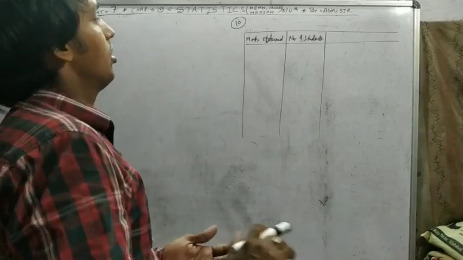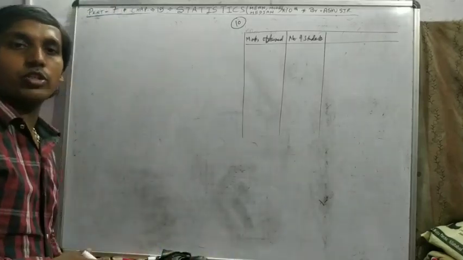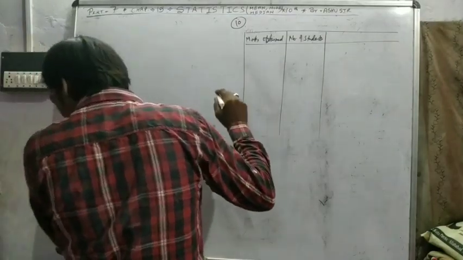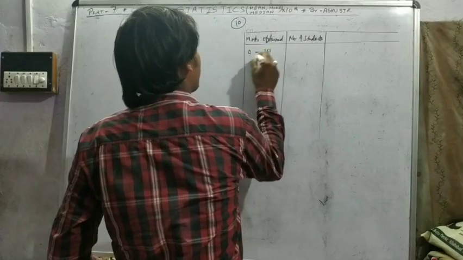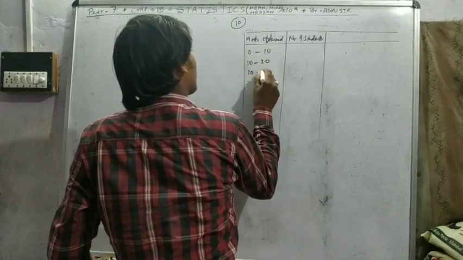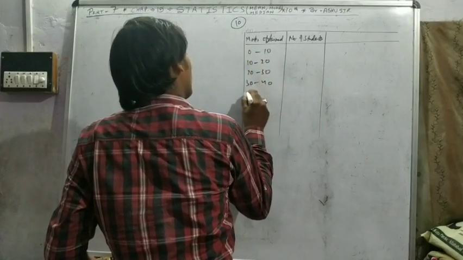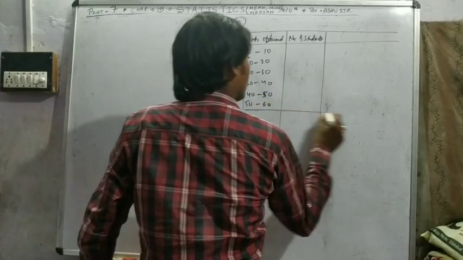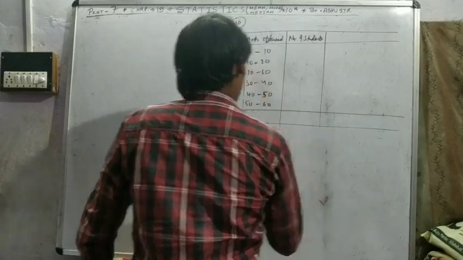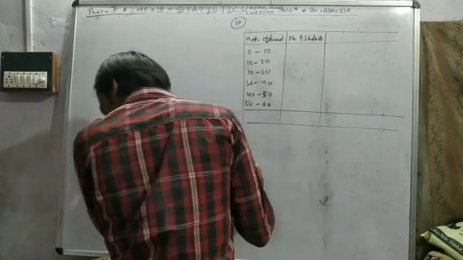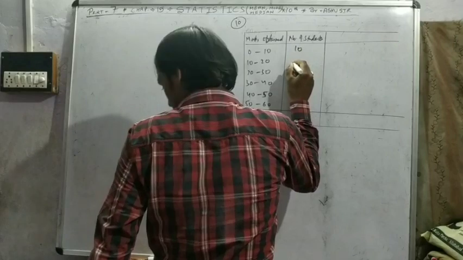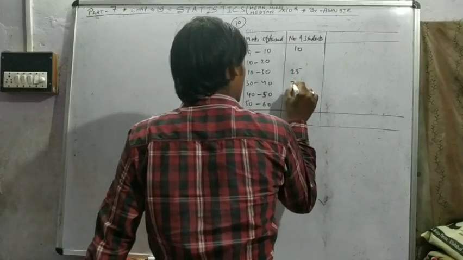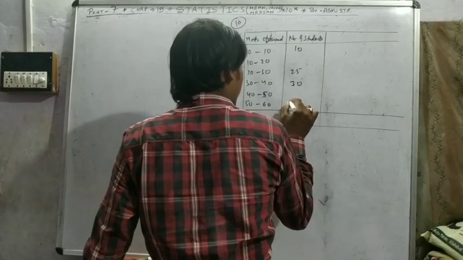This question has a missing frequency, but here the median is given. The question is: marks 0 to 10, 10 to 20, 20 to 30, 30 to 40, 40 to 50, 50 to 60, with frequencies 10, x, 25, 30, y, 10.